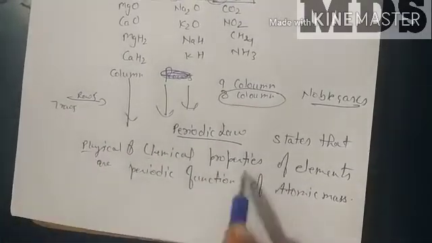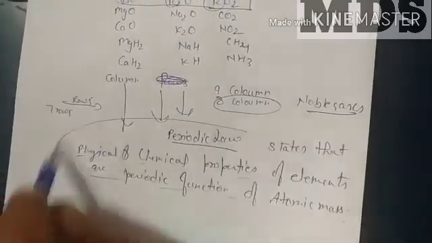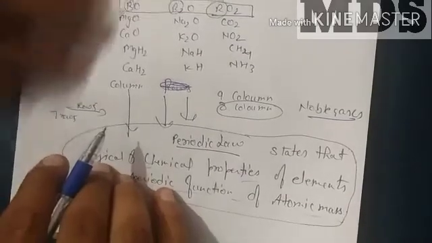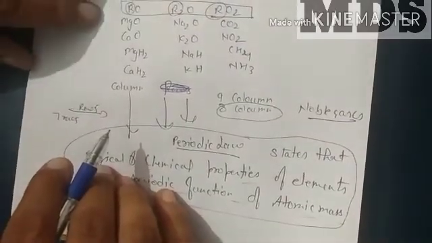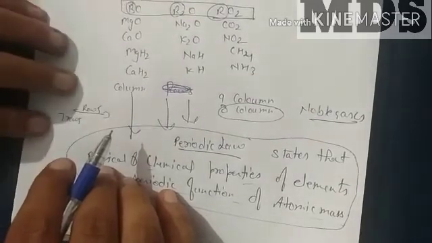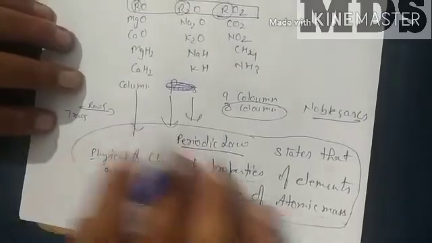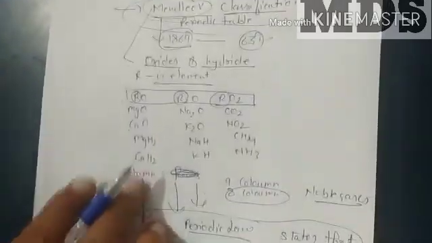So physical and chemical properties of elements are a periodic function of atomic mass. That is the law he gave on the basis of his study. So all these things: 63 elements known, he studied oxides and hydrides, he arranged them in rows and columns, and on that basis he formed the periodic law. All this you have to explain in the Mendeleev introduction part.